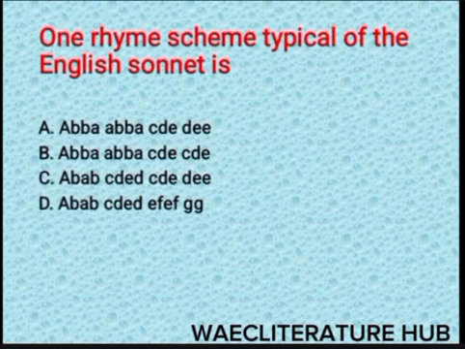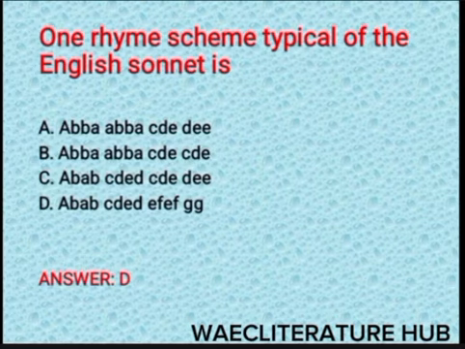And our answer is D: ABAB CD CD EF GG. For you to know the English sonnet, also known as the Shakespearean sonnet, you should realize that it always ends with a rhyming couplet. Of course, you know that a couplet is two lines, so it ends with a couplet that rhymes.